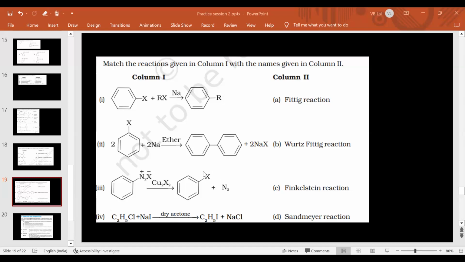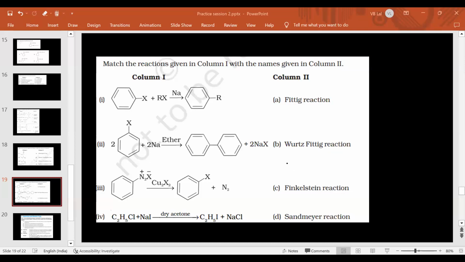Now tell me, those who are present, Sanjay, you should start. Can you match anything? Sanjay, Vaishnavi, Sai Kalyan has already. Ma'am, the fourth one goes with Woods-Fittig reaction.